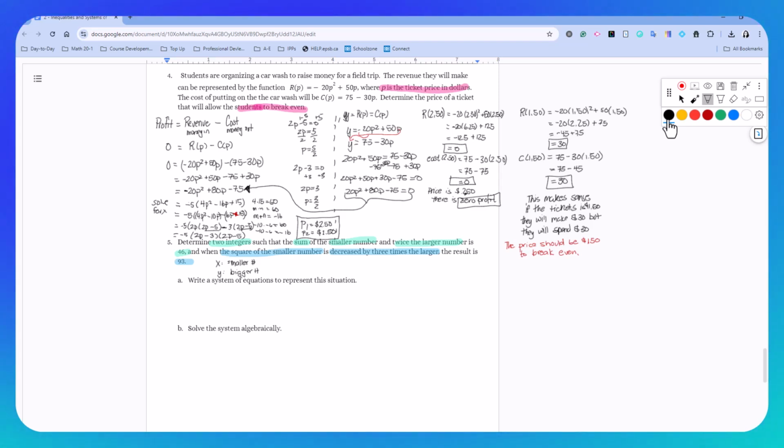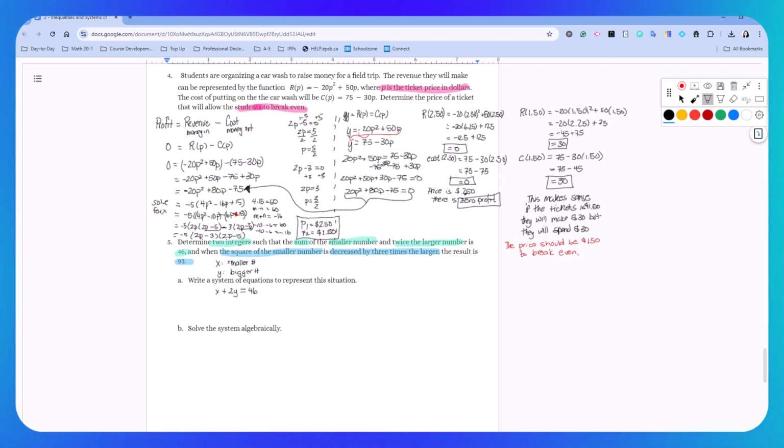Now let's make these two things into two mathematical statements. It says the sum of the smaller number, well, sum is add, and the smaller number is one of them, is added to twice the larger number. So the bigger number is that, y, so we're going to say 2y, and that is going to equal 46.